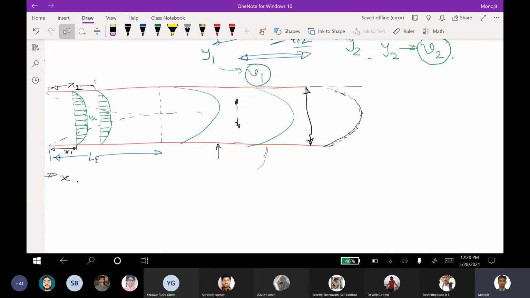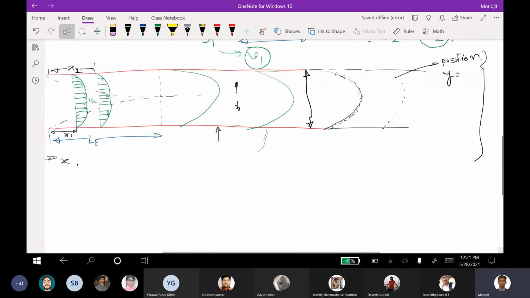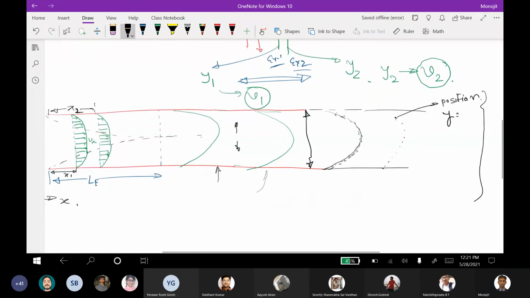So what you need from the experiment is basically the location of this point and the corresponding y at these different points. At each and every point, you need two pieces of information: one is the position, another is the y, the deflection in the manometer. If you get these two values, then you can assess the velocity at this point. These two you will get from the experiment.